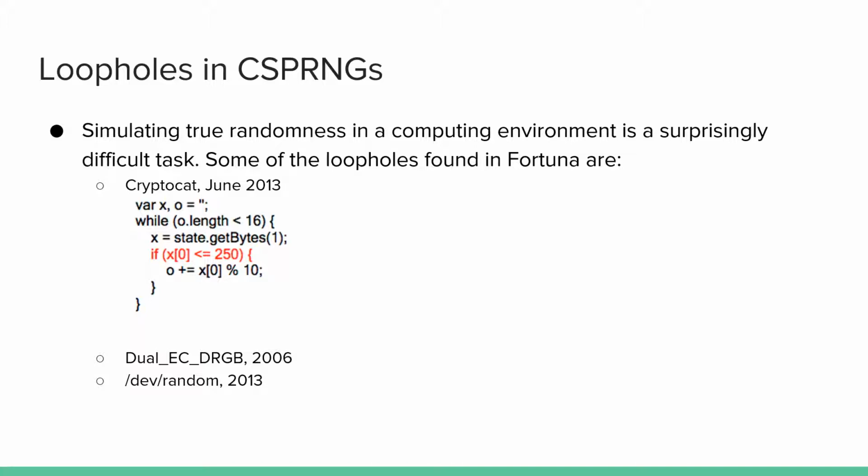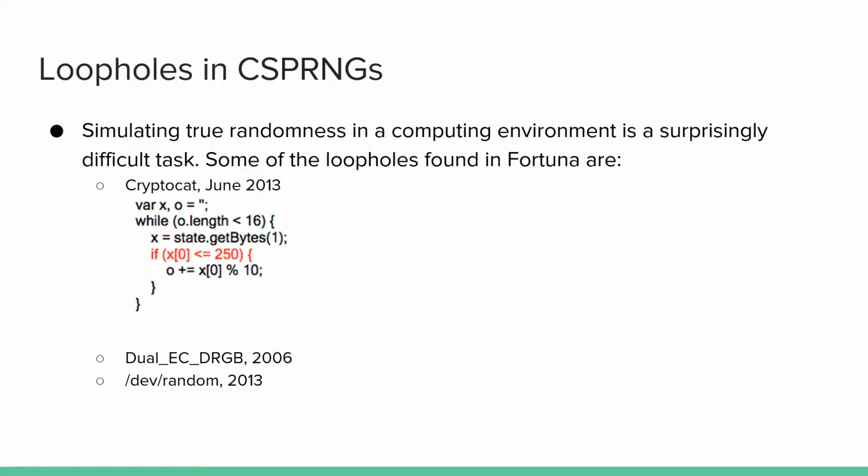The algorithm relied on finding a point P on an elliptic curve called a generator, and it used a secret constant Q. There also exists some value e such that Q to the power e is equal to P. However, those researchers found an attacker could compute the initial state of the CSPRNG if they found some value d such that P to the power d is equal to Q.